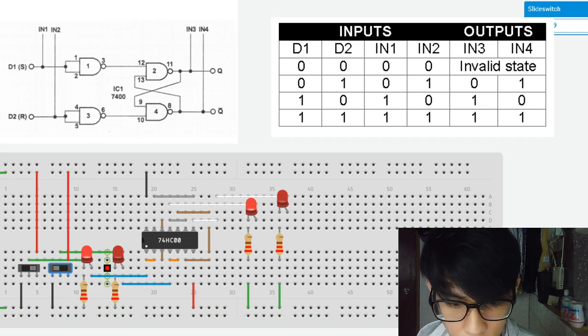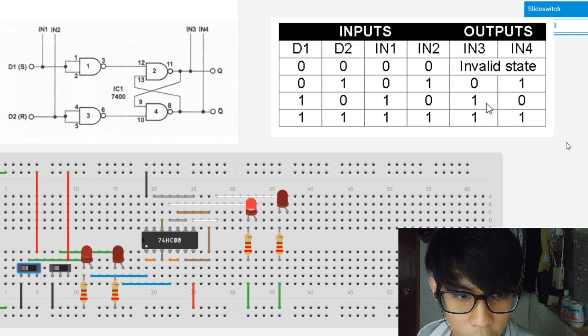For 1 0, the output will be in 1 is 1, in 2 is 0, in 3 is 1, in 4 is 0. Then if we set both inputs D1 and D2 to 0, the output in 3 will remain as logic level 1.